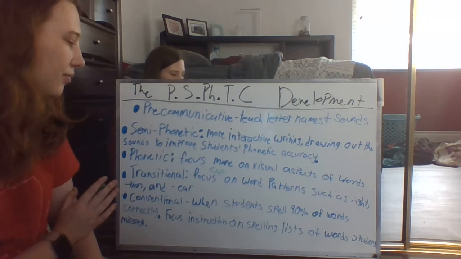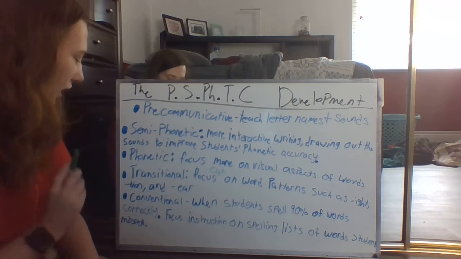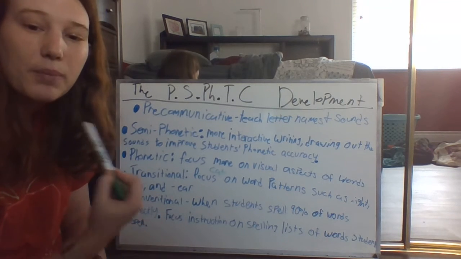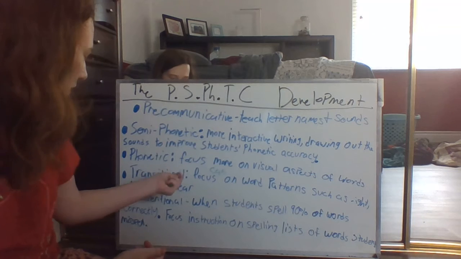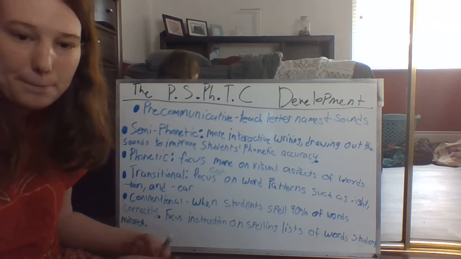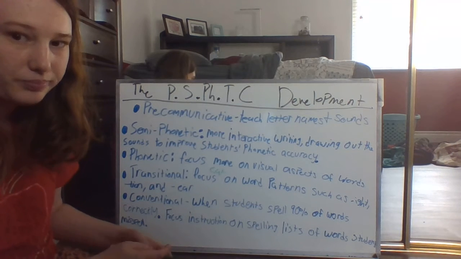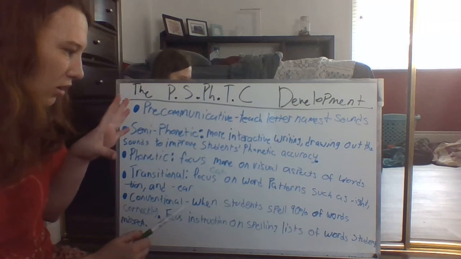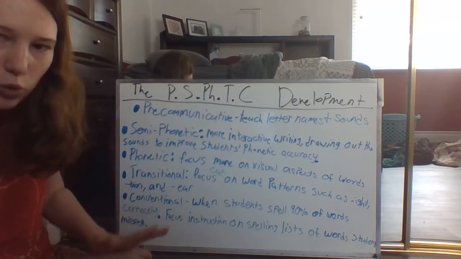That's what transitional is saying: make sure that when you get to this step, even though you might be in older grades, you've got to teach words that have patterns in them.